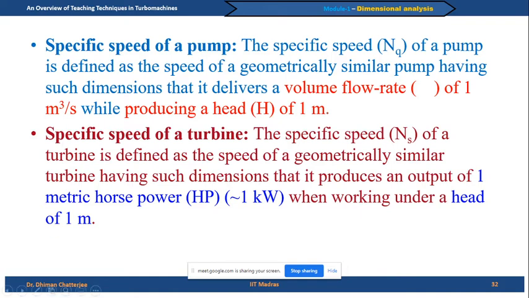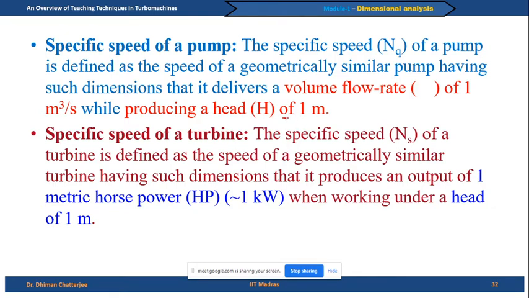As projected on the screen, it is defined as the speed of a geometrically similar pump or turbine working under unit head and developing unit power.